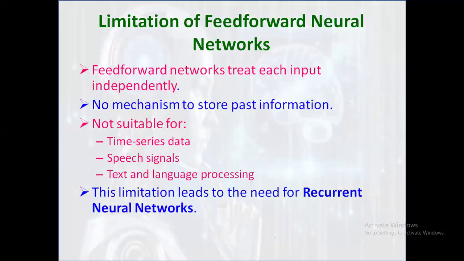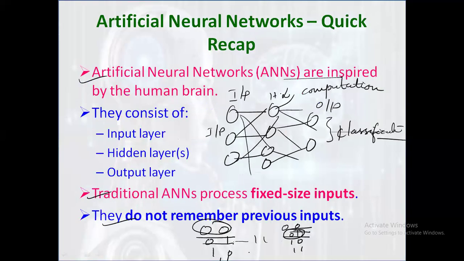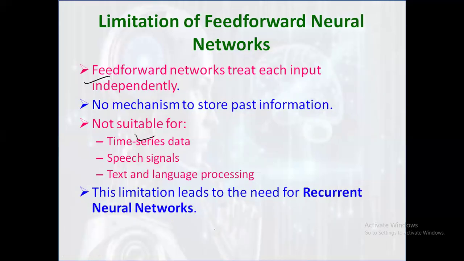Next, the limitations of feed-forward networks. The first point: they treat each input independently. As I have said, each input 00, 01, 10, and 11 is treated independently. Each input is processed separately without considering the past inputs. There is no mechanism to store the past inputs.